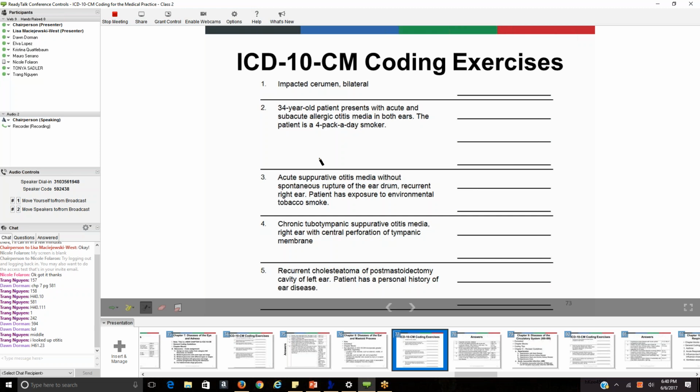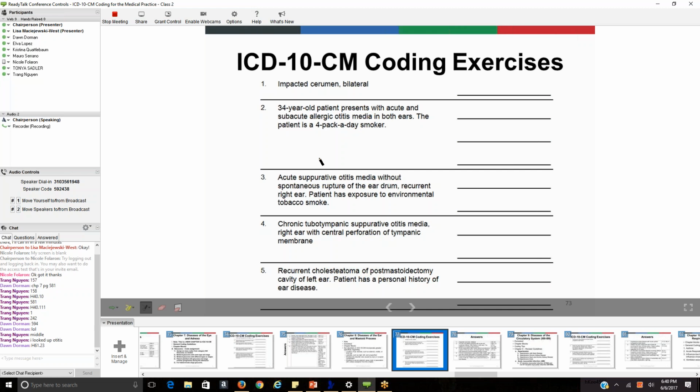And we have to code it to the 5th digit, so we have H61.23 because it's bilateral, it's in both ears. There is no particular coding rule that goes with that. Once you get to the 5th digit, there's no box next to it saying we have to go to a higher level of specificity. So H61.23 is the correct code.